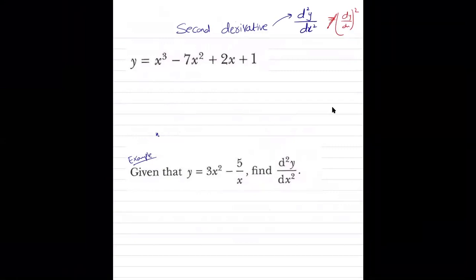So the notation for the second derivative is d squared y over dx squared. You write this as d square y over dx square, or the differentiation of dy by dx. That's another way of representing it. It's simply differentiate this again.